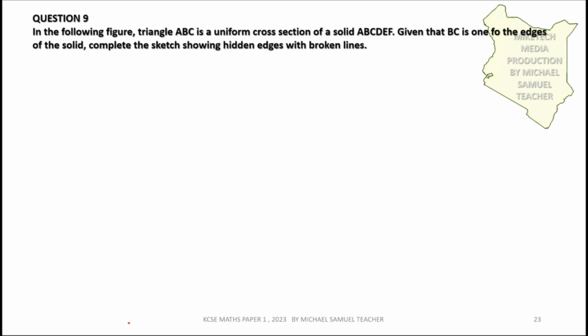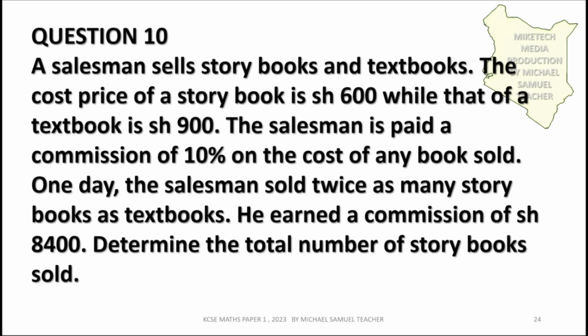So we move on. Question 10. A salesman sells storybooks and textbooks. The cost price of a storybook is 600 shillings, while that of a textbook is 900 shillings.